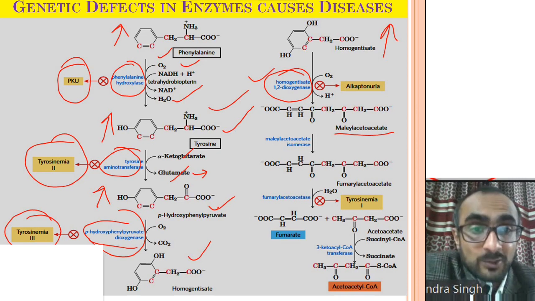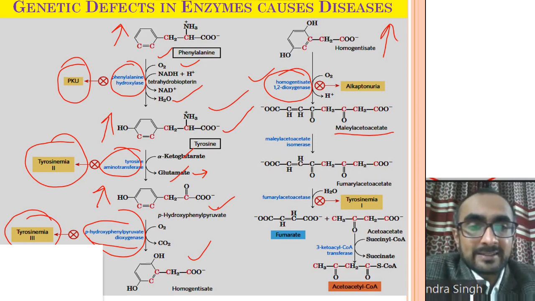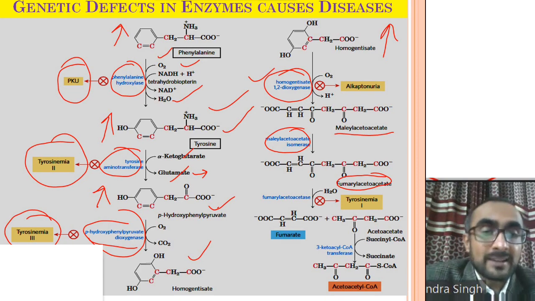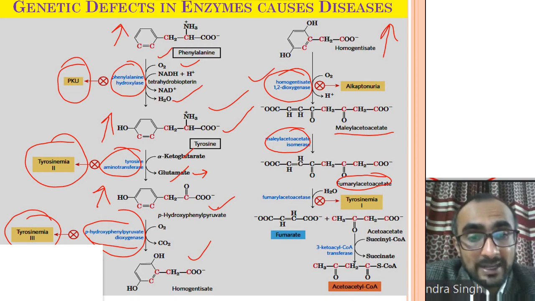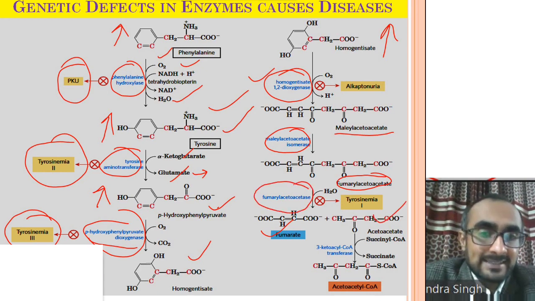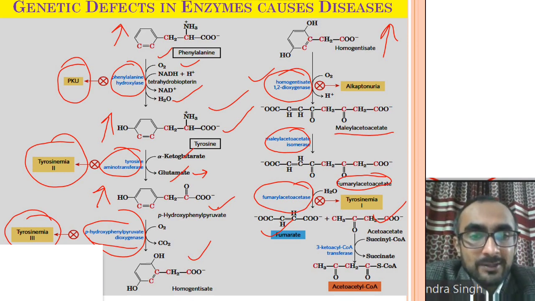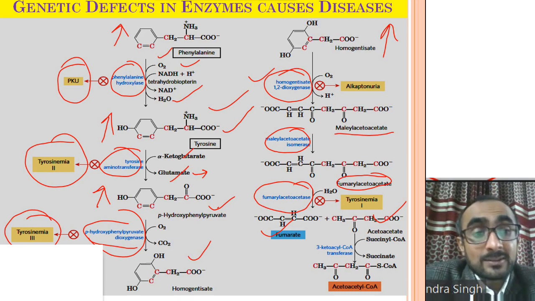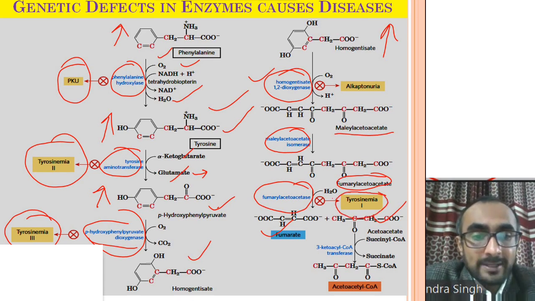called alkaptonuria. After this, maleylacetoacetate is isomerized into fumarylacetoacetate by maleylacetoacetate isomerase, and fumarylacetoacetate is hydrolyzed into fumarate and acetoacetate by the enzyme fumarylacetoacetase. Defect in the activity of fumarylacetoacetase leads to accumulation of fumarylacetoacetate in the blood and urine, that is called tyrosinemia 1.